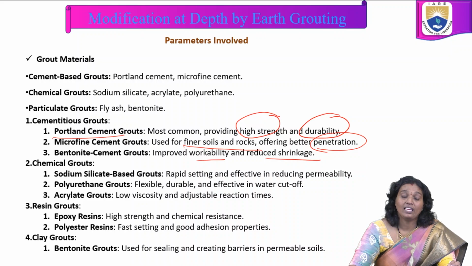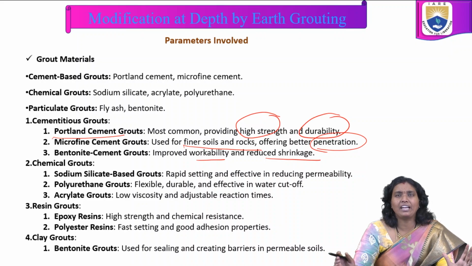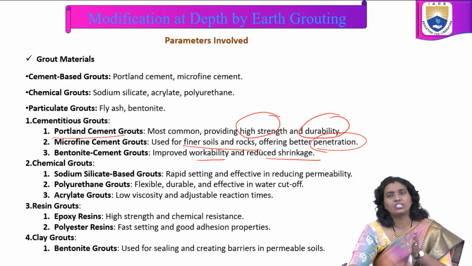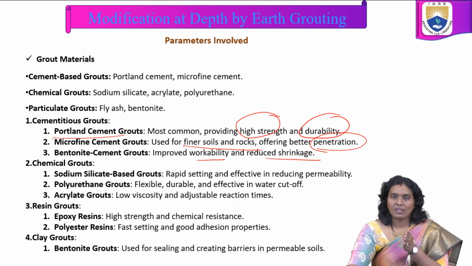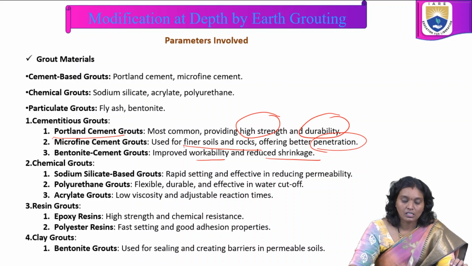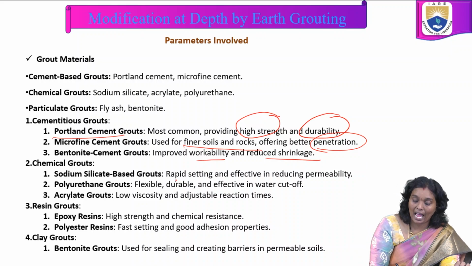Now move on to the chemical grouts. Different chemical grouts are available, and it depends upon which type of property we require. Based on that, we choose the chemical grouts. Sodium silicate based grouts are rapid setting.